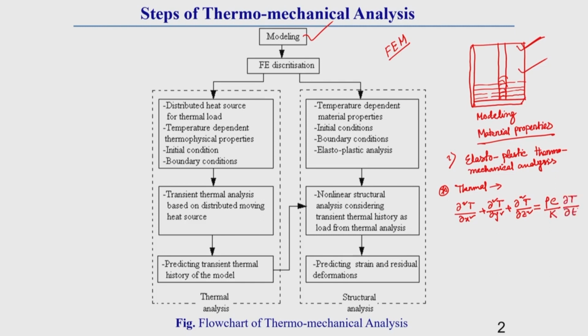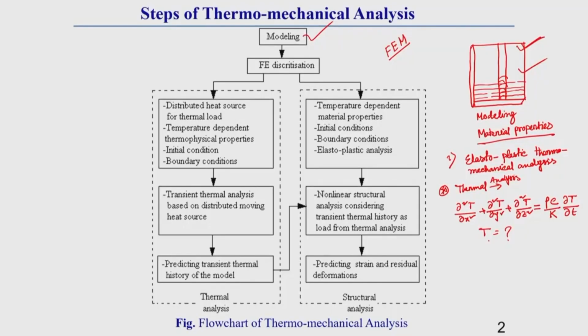Here our output is temperature. From thermal analysis we have to find out the temperature. This is the governing equation we know. Here we generally use some extra heat, that is the load of the thermal analysis. That heat comes from the electric arc if it is electric arc welding.